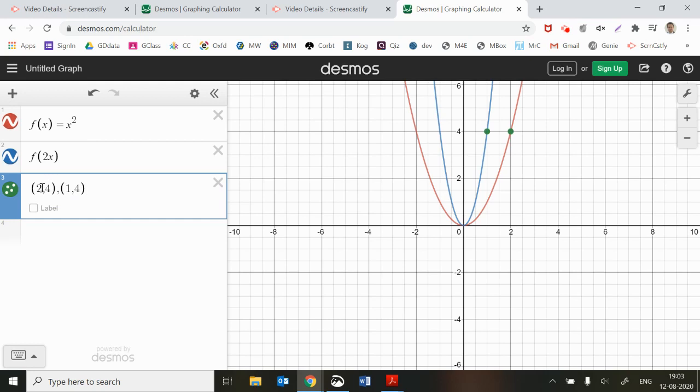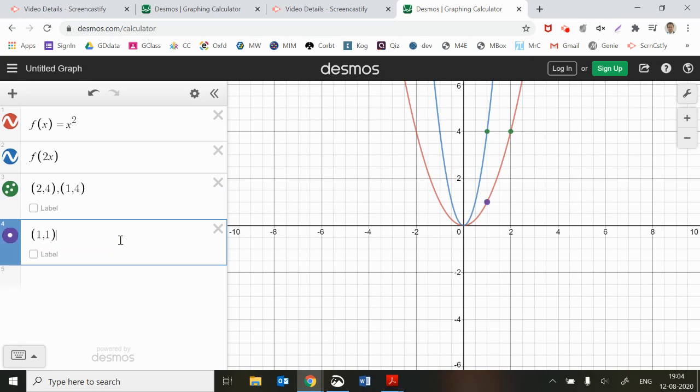Now, for stretches, you can see that on the original graph, all you need to do if it's a stretch in the x direction is change the x number by dividing it by 2, and then you'll get your new point. So all your points are coming twice as close in. If it's a vertical stretch, let's take, for example, the point 1, 1.